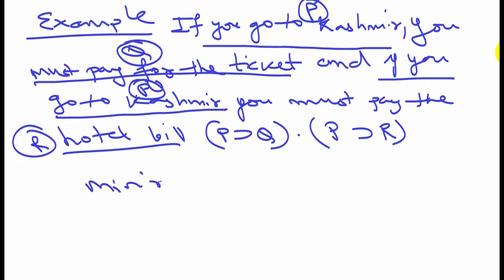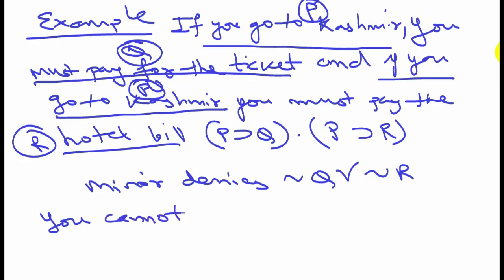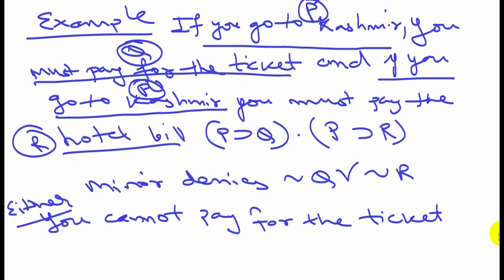The minor denies: not Q or not R. Either you cannot pay for the ticket or you cannot pay for the hotel bill.